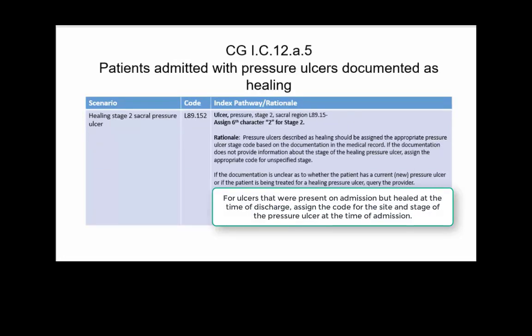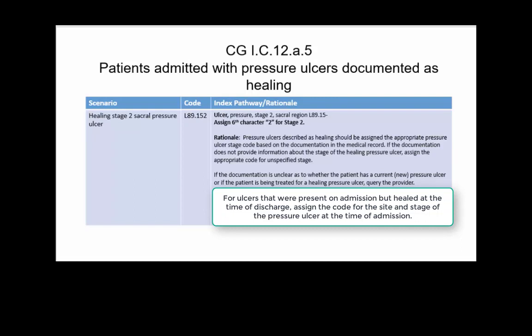This guideline has to do with patients admitted with pressure ulcers documented as healing, and the actual language in the code book says healing. You see a pressure ulcer, pressure, stage 2 sacral region with a 6th character of 2 for stage 2, gives us L89.152.